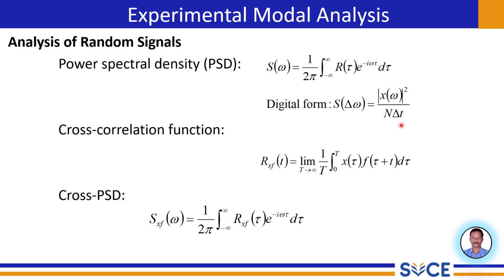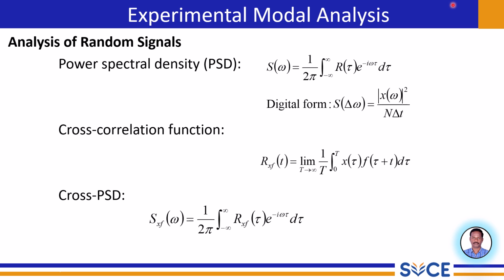This form essentially estimates the power at each frequency by looking at the squared amplitude of the frequency components obtained from the FFT itself. In modal analysis, the power spectral density is incredibly useful for analyzing random excitation signals and resulting random vibration responses.